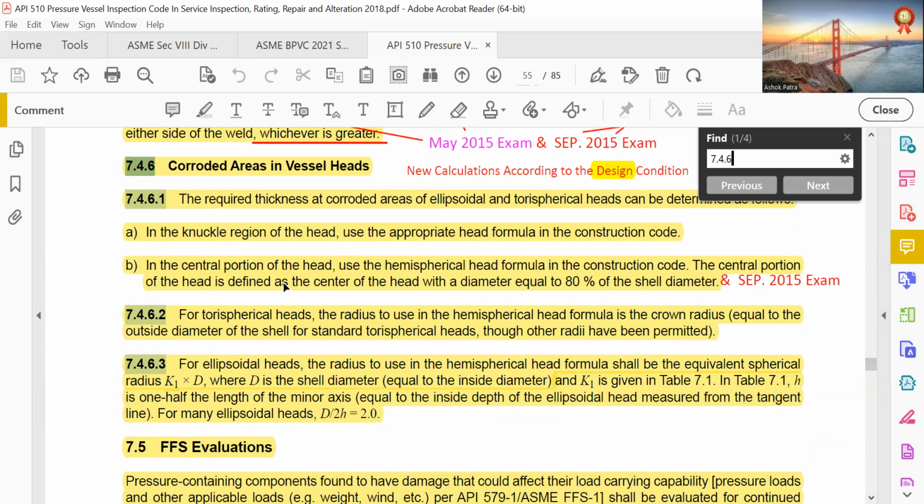For ellipsoidal heads, the radius shall be equivalent to spherical K1D, where D is the shell diameter. K1 is given in Table 7.1. H is 1/2 the length of the minor axis, equal to the inside depth of the ellipsoidal head measured from the tangent line.